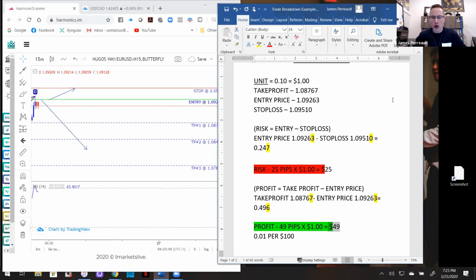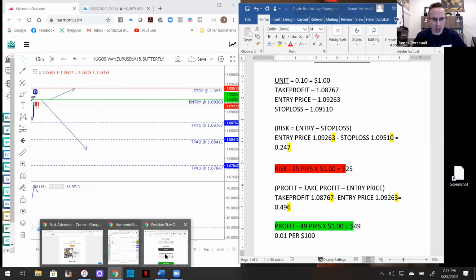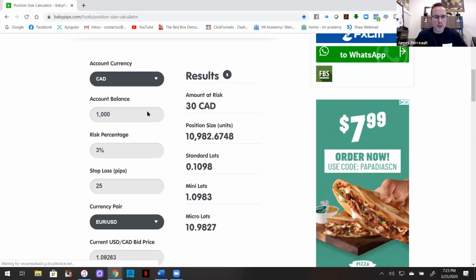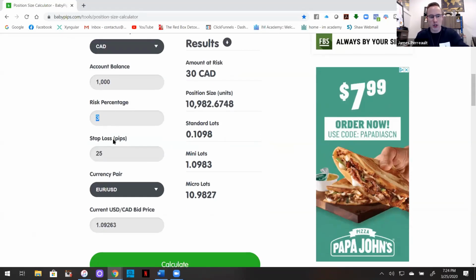So again, I would encourage you, once you understand where the numbers go within your MetaTrader 4, write this out. Hop on the baby pips calculator and calculate how much you're going to lose if you lose this trade at 3%. You can play around. You can do 1% if you want, or 5%, you can play around with the numbers.